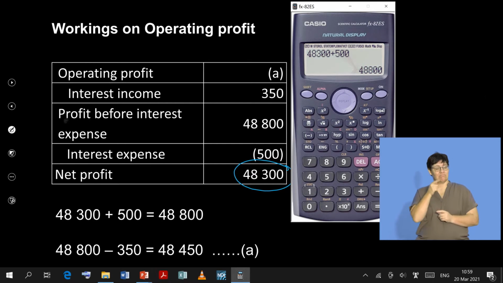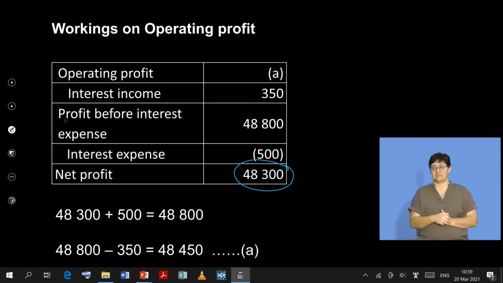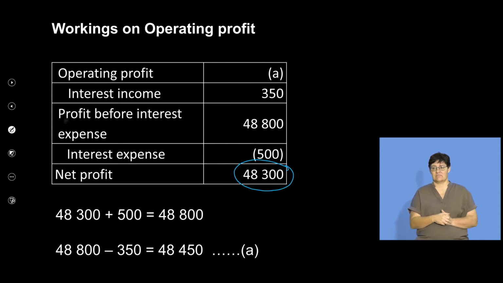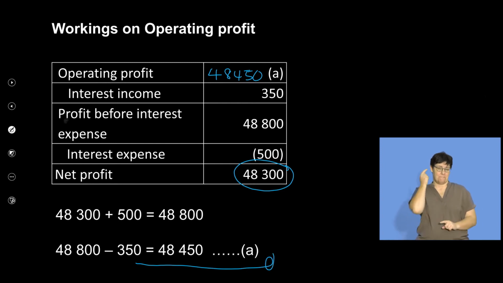Right, now you come to your interest income and you say, because you add your interest income when you're working downwards, when you're working backwards you subtract, minus the 350, which will then give you 48,450, which is your missing figure here. And there's your calculation as to how you calculated A.